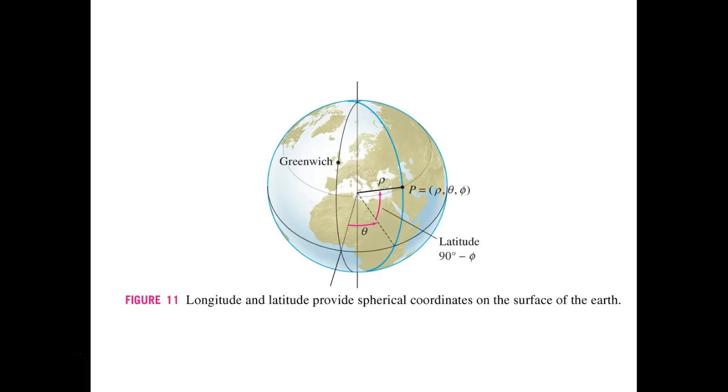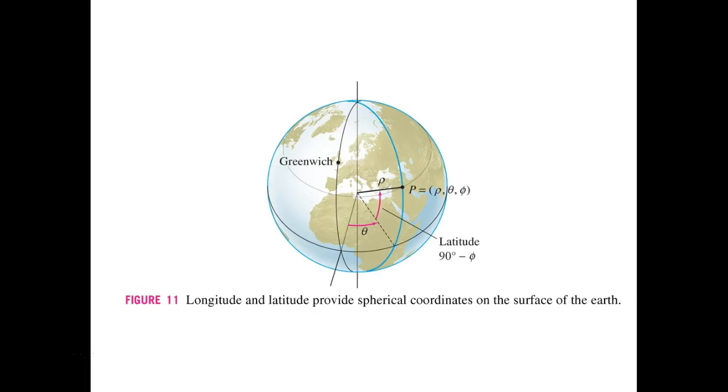So latitude, north or south, is 90 minus phi in the northern hemisphere. In the southern hemisphere, your phi is an obtuse angle, so it'd be 180 minus phi.